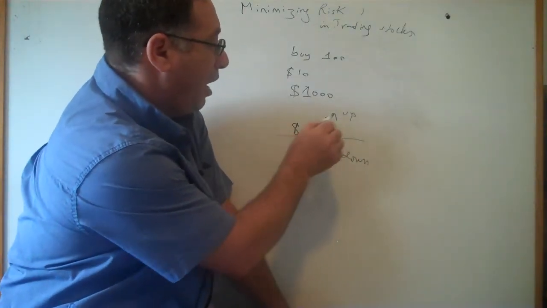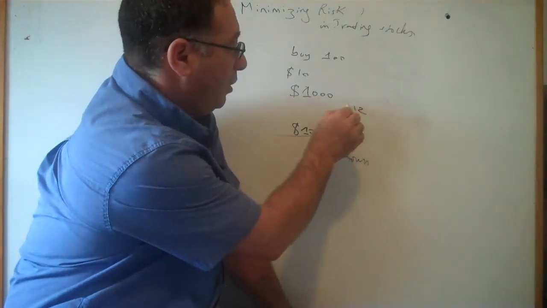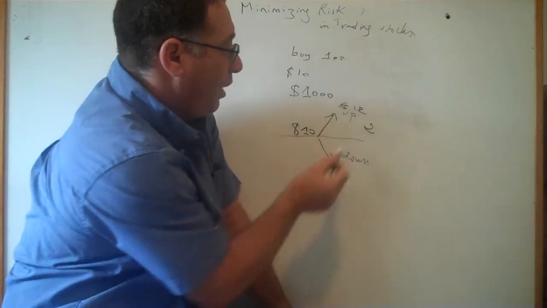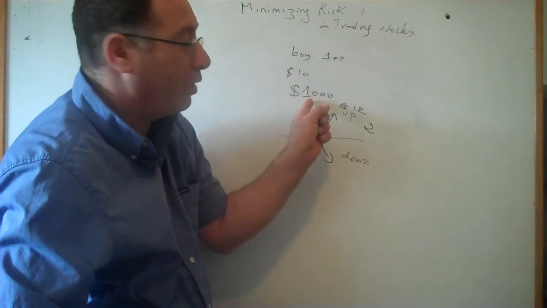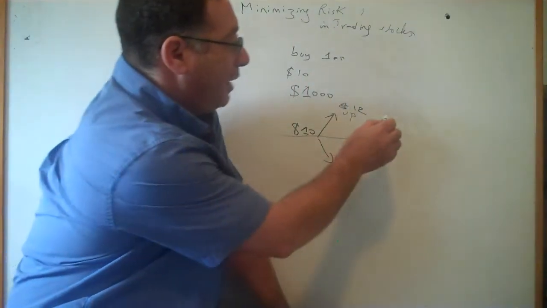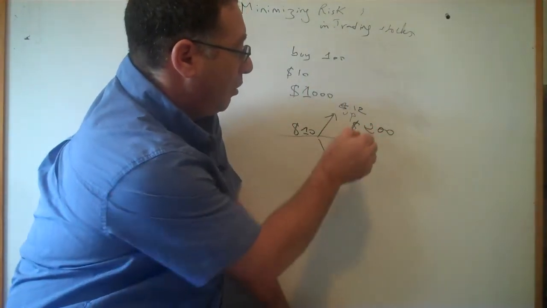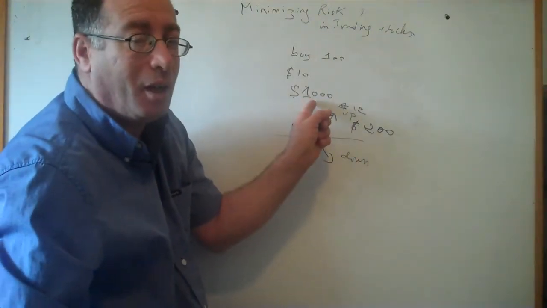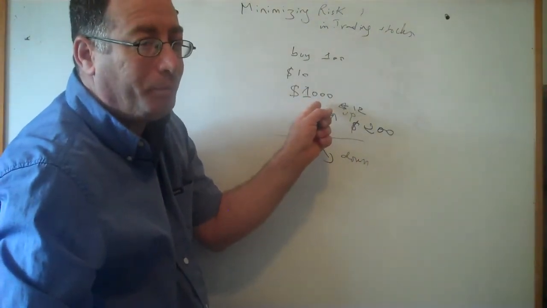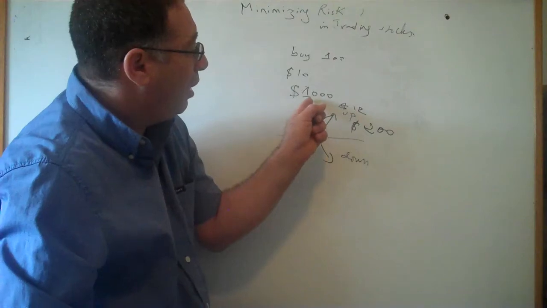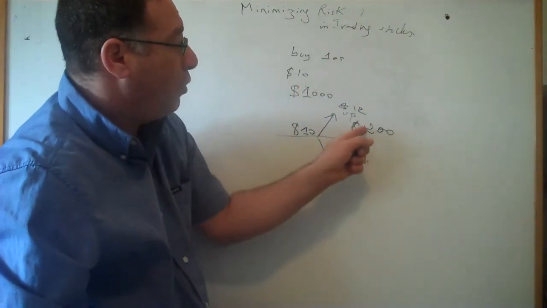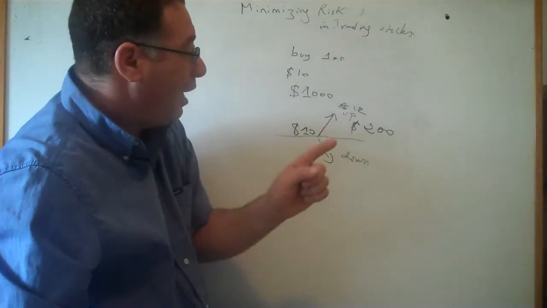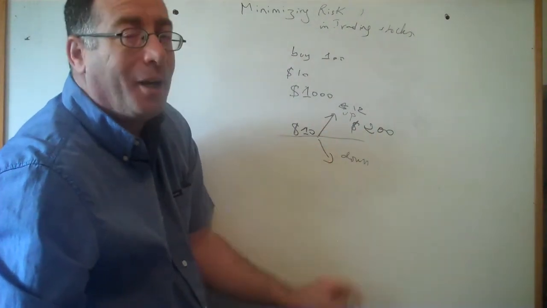For example, $10 becomes $12. You gain $2. Out of these 100 shares, you will get $200, because you bought 1,000 and it is 100 shares. So you gain $200. Now, suppose that it's going down.